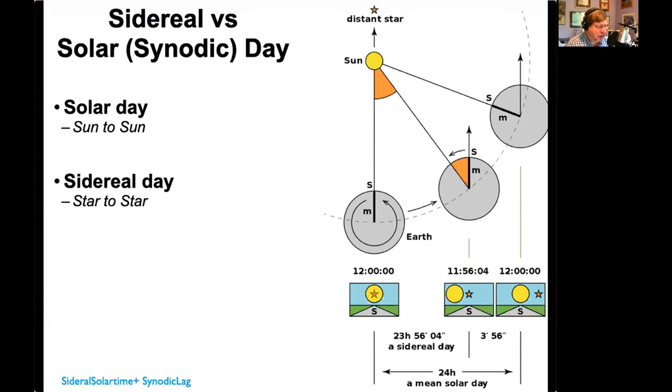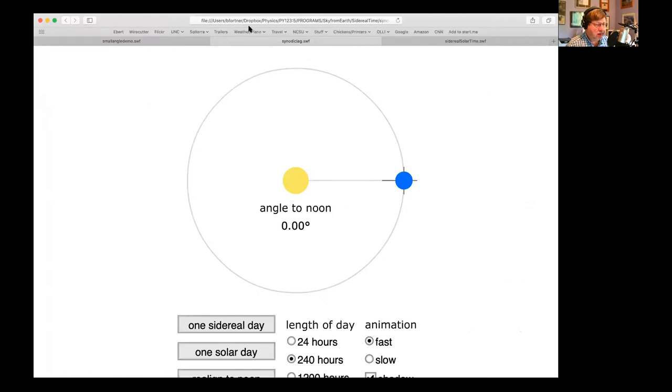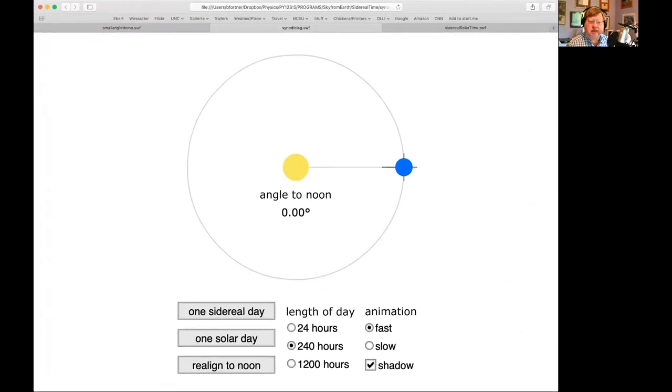So let's bring up a couple of simulations here. Okay.